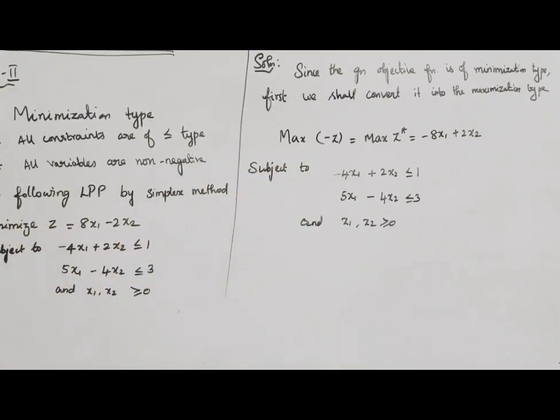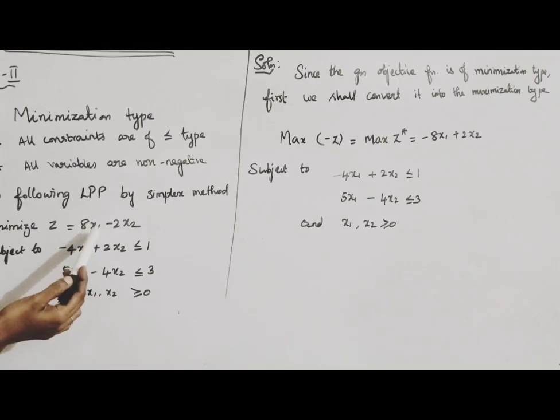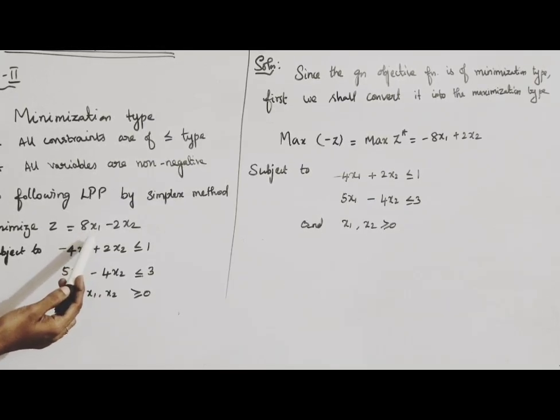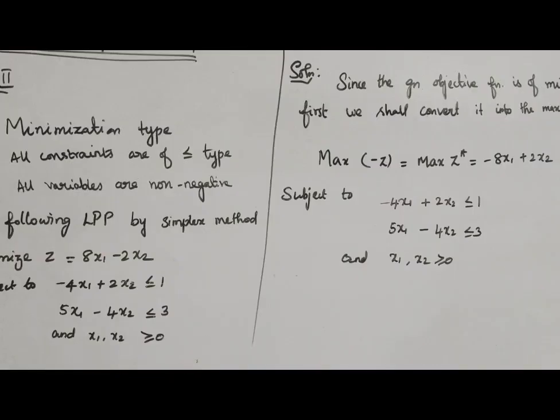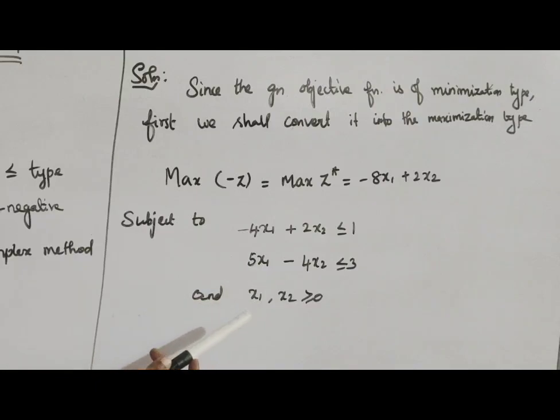The right hand side becomes -8x1 + 2x2. The constraints and non-negative variables remain as they are: -4x1 + 2x2 ≤ 1, 5x1 - 4x2 ≤ 3, and x1, x2 ≥ 0. This is of less than or equal to type.